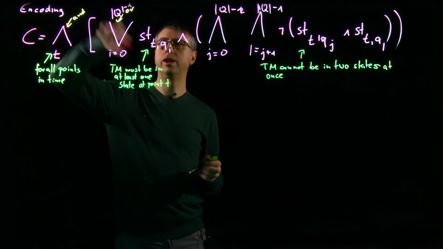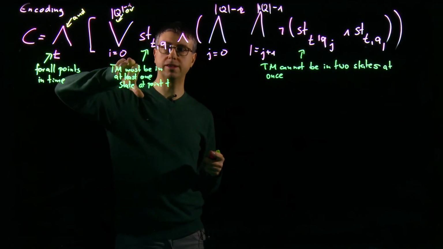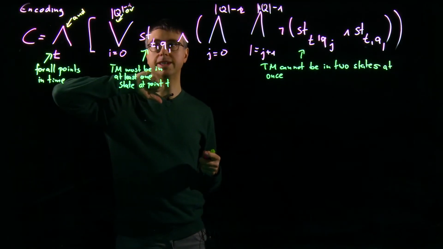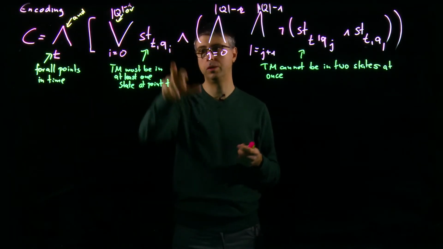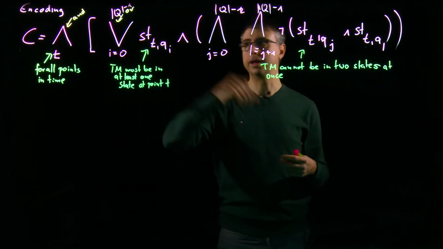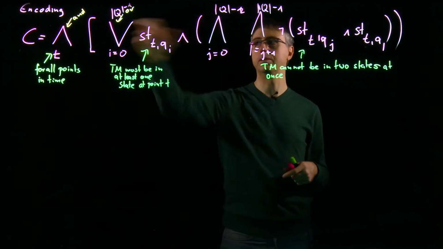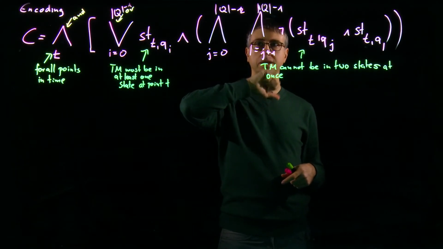The indices i usually go from 0 for the states, from 0 to the number of states minus 1. The minus 1 is because we start our numbering with 0. Same here, we just go to number of states minus 1.